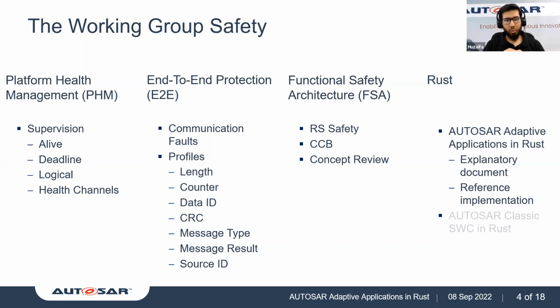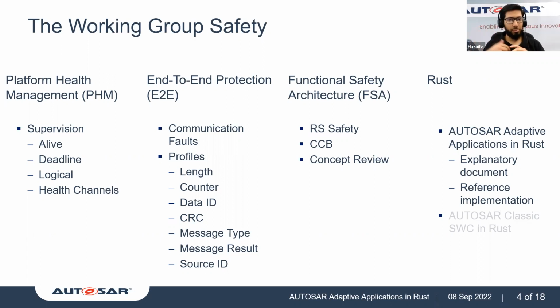The third subgroup within working group safety is functional safety architecture, which produces a document called RS Safety, the requirement specification for safety, which is intended to be the single most important document that a functional safety engineer can use in the AUTOSAR domain, and really see how adaptive AUTOSAR could be made safe.